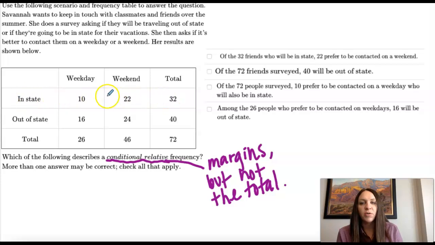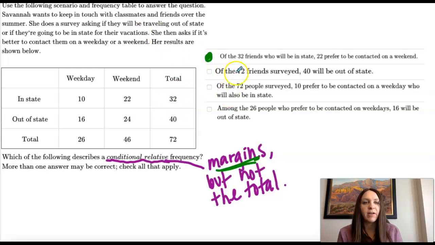So this row, these numbers, 10 plus 22 equal this 32. And since we're talking about this total in the margins, and then the number that goes with it, this would be conditional relative frequency.